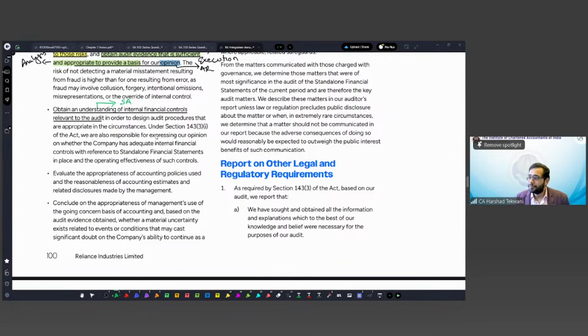Anyone else? It is 315. Here you are understanding the entity and its internal financial controls. Understanding. 265 is about letting them know that, okay, there is an issue. But here you are understanding.